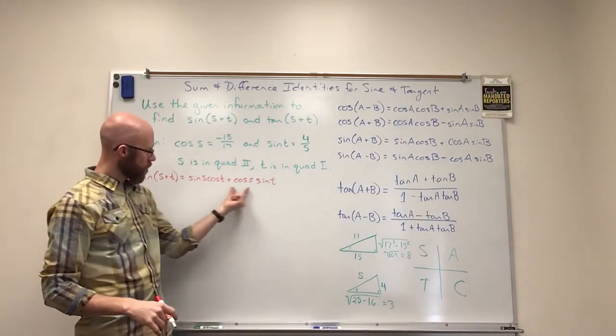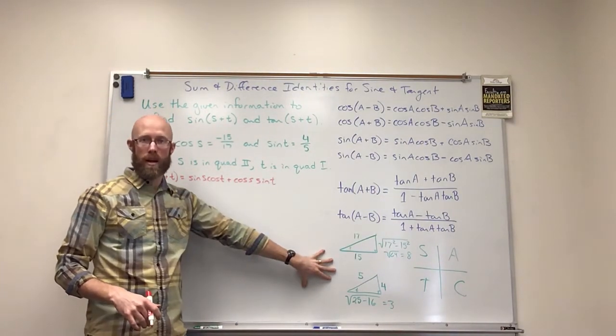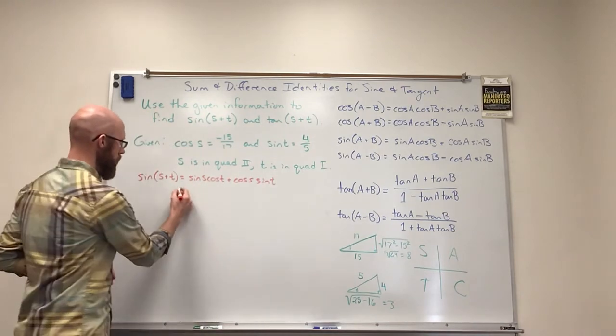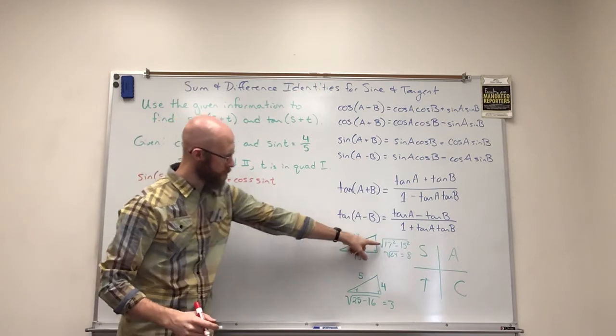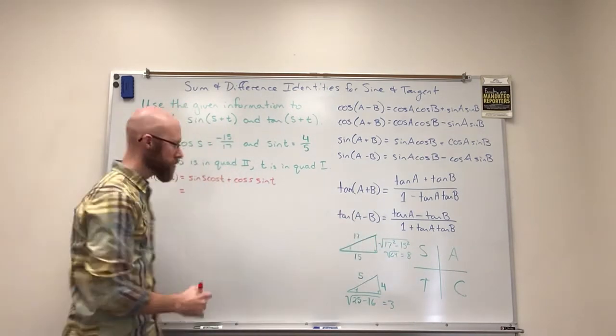Then I can find all these things based upon the two triangles. So the sine of S is opposite over hypotenuse, that's 8/17.